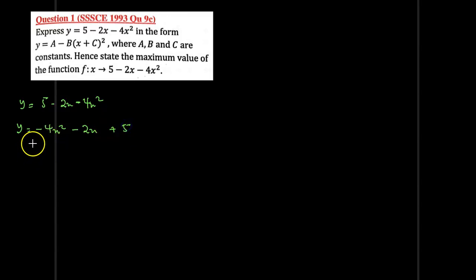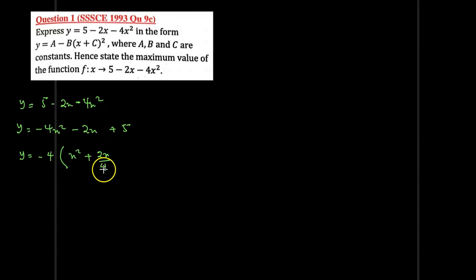So using the idea of completion of squares, as I said, you factorize out the coefficient of x squared, or you see to it that the coefficient of x squared is 1. But we have negative 4 there, so we have to factorize. So we are having it as y equal to negative 4 out into brackets x squared plus 2x on 4.